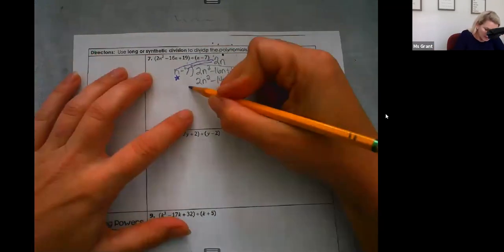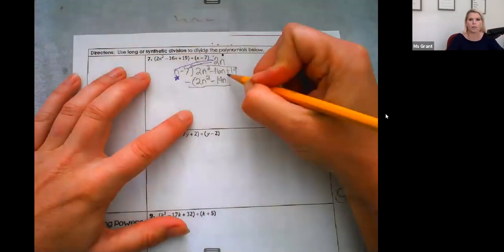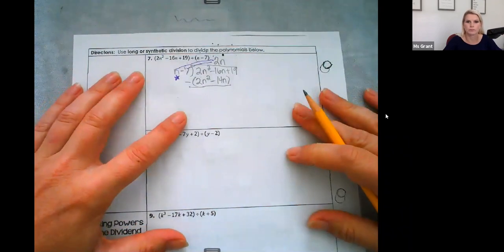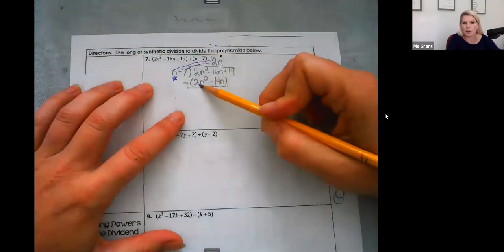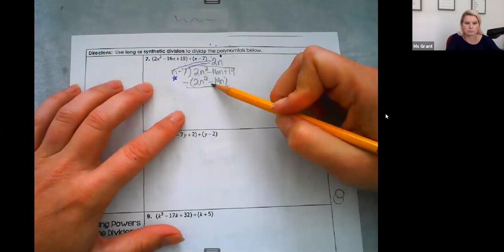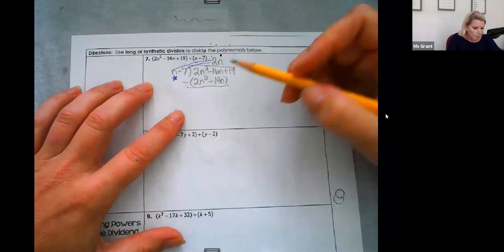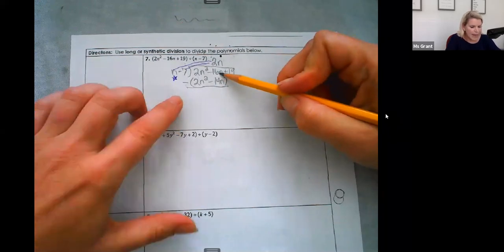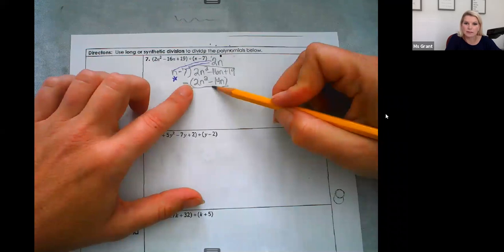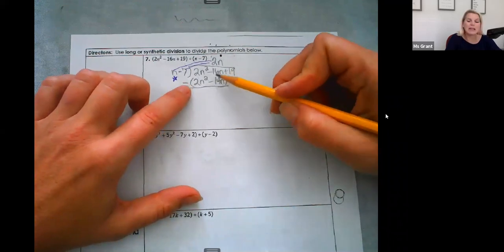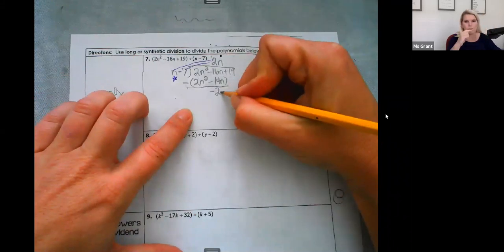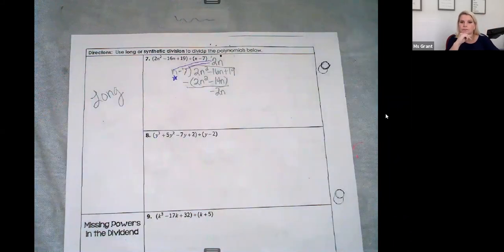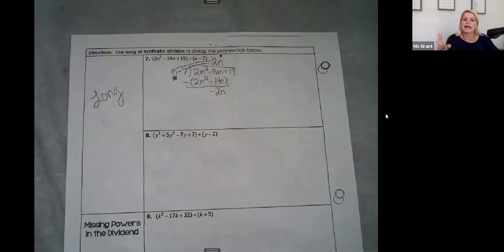Draw a line, you're going to subtract. So 2n squared minus 2n squared, nothing. Negative 16n minus negative, plus sign. Negative 16 plus 14n. My next task is to bring down the 19.